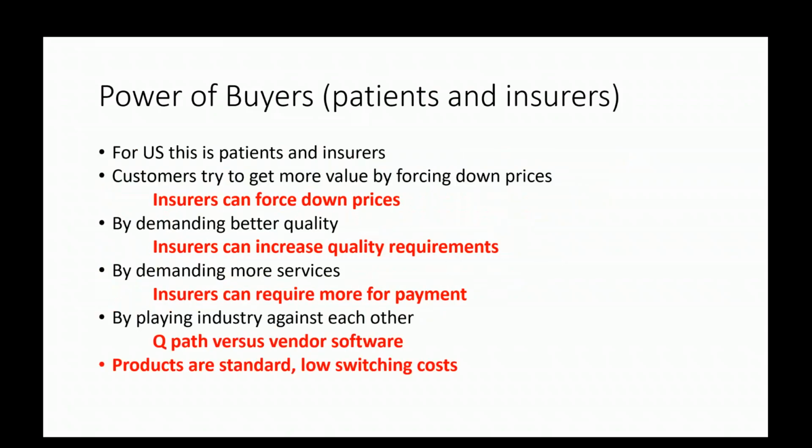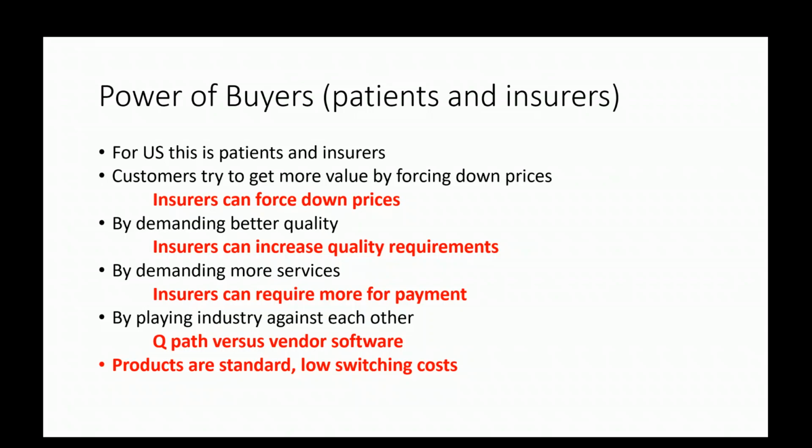We'll get to the switching costs in a while, but this is one thing that also can play a role. If you're looking at buyers, or which patients and insurers is what I kind of look at this. And if you have other ways that you look at this in terms of these 5 forces, let me know. But insurers and patients, they can force down the prices. And they can also increase requirements for documentation, quality.